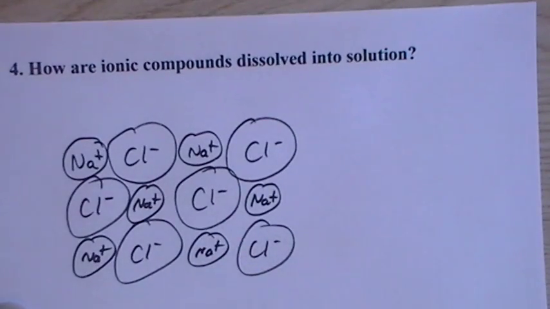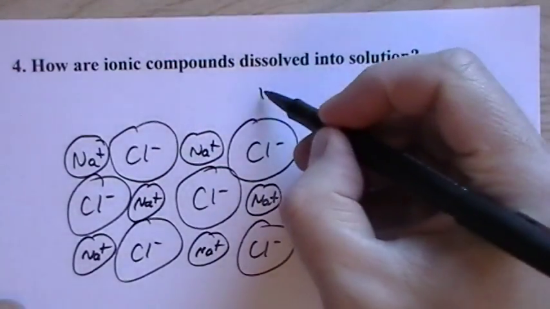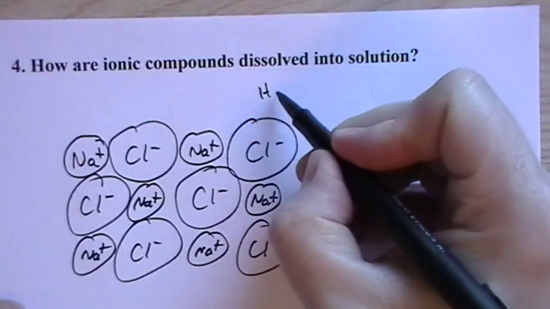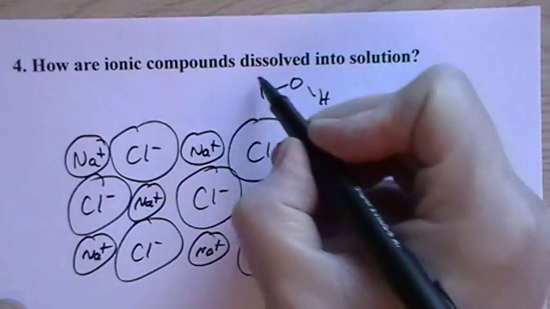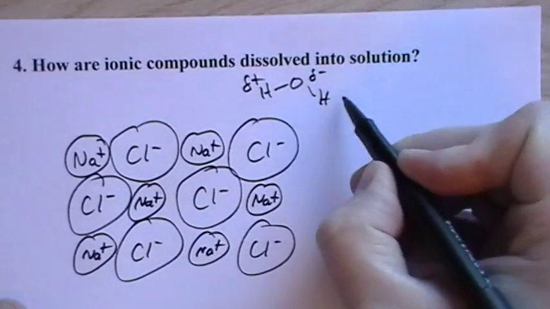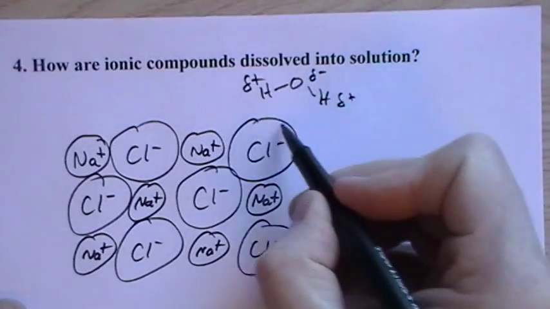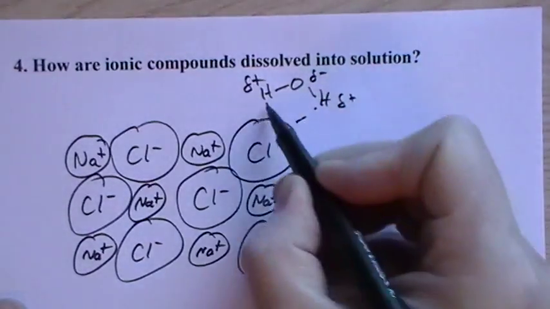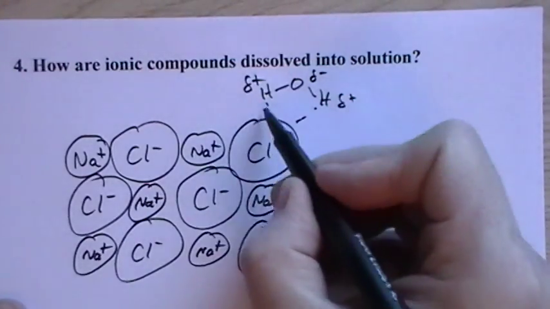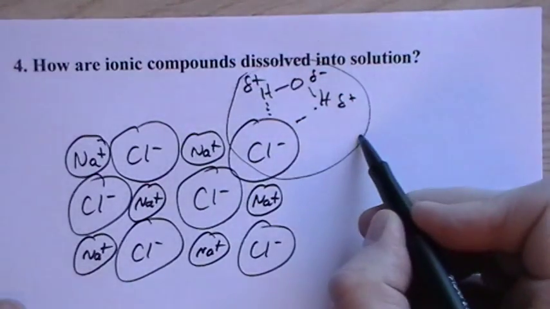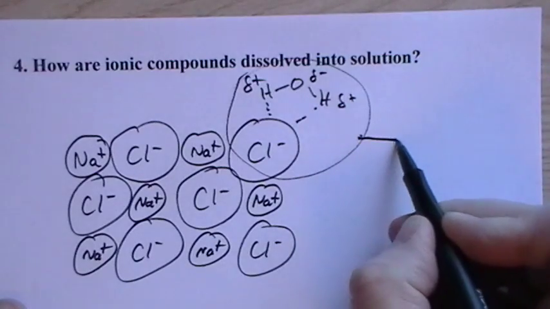When you put this into water, the water molecules are attracted because this side is slightly positive, this side is slightly negative. The slightly positive side is attracted to the negative ion. And these water molecules will attract the Cl minus until it goes into solution.